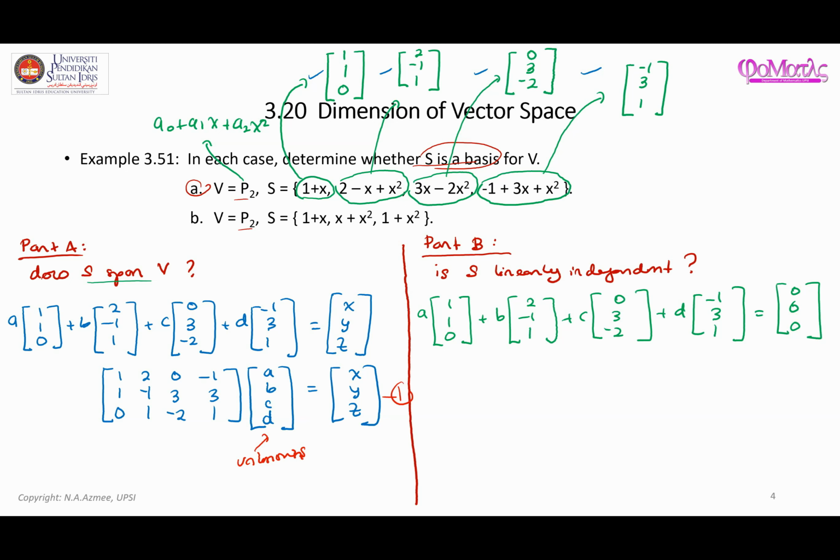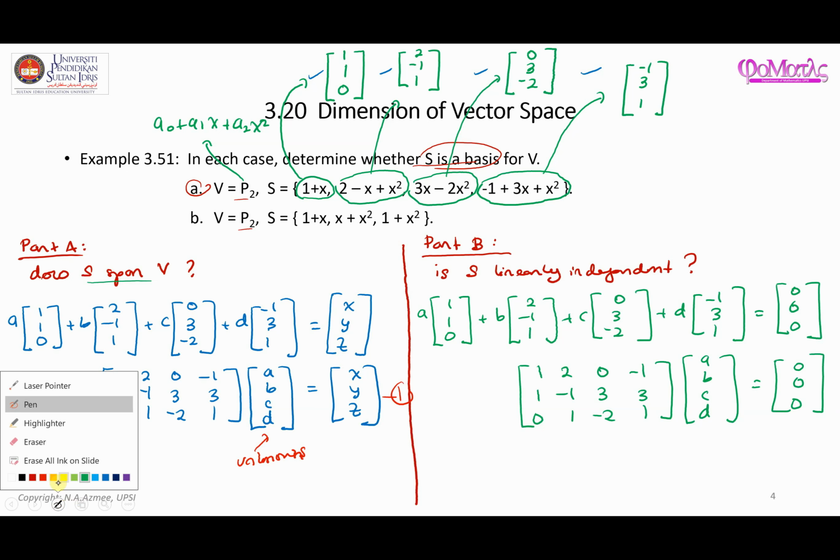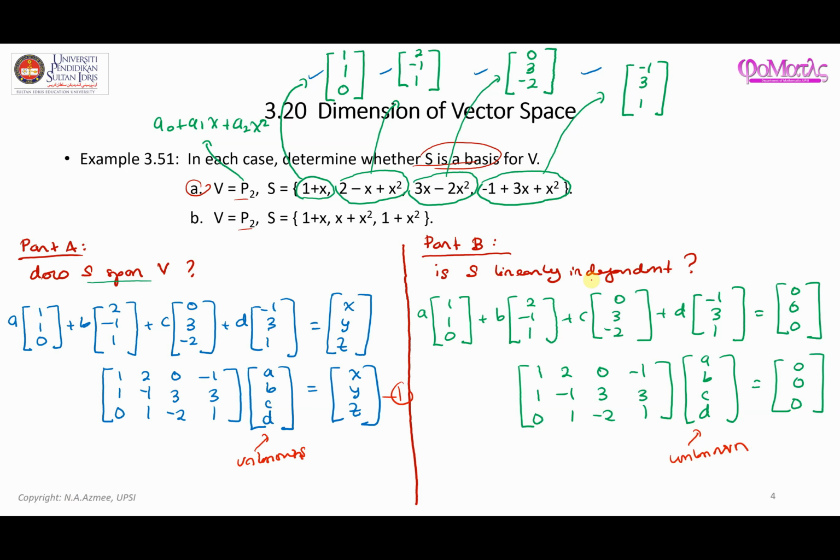And we are interested to find the values of A, B, C, and D, which we can represent similarly as such. And here we have A, B, C, D, and here is the 0 vector. So again, this is also unknown, and to show that S is linearly independent, A, B, C, and D must be equal to 0. So I'm going to call this equation 2.